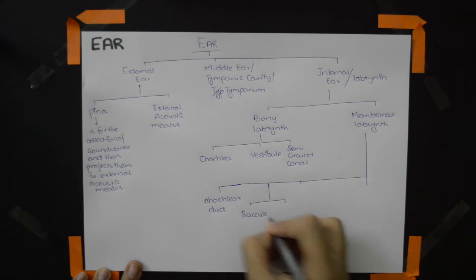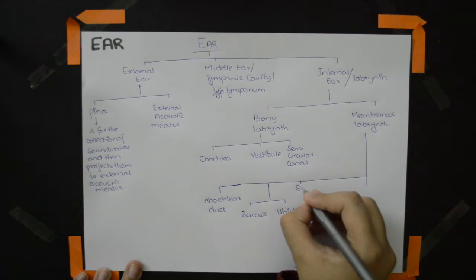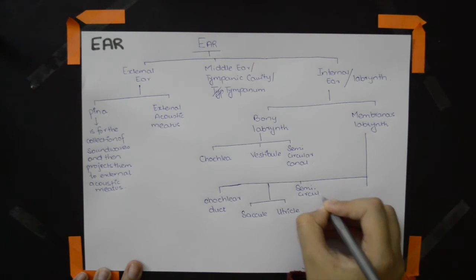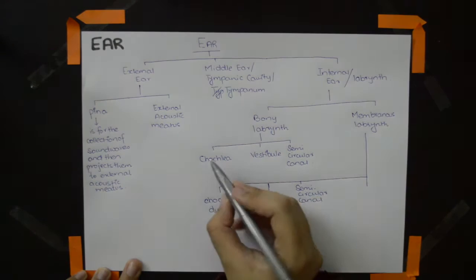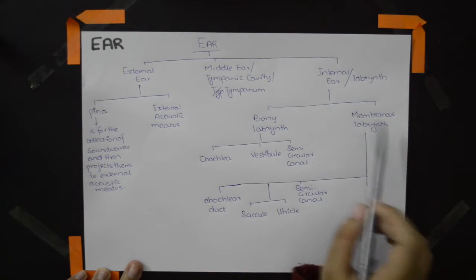saccule and utricle, and the semicircular canal. The cochlea, the bony labyrinth, is actually the shell of the membranous labyrinth.